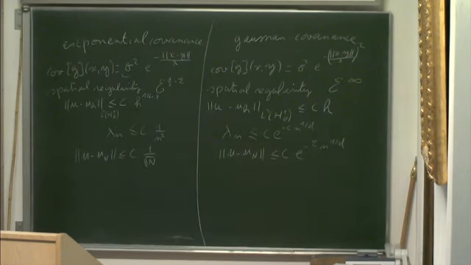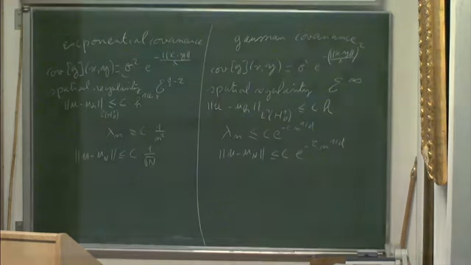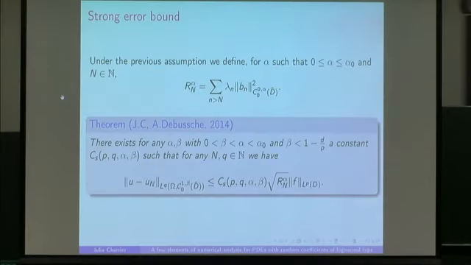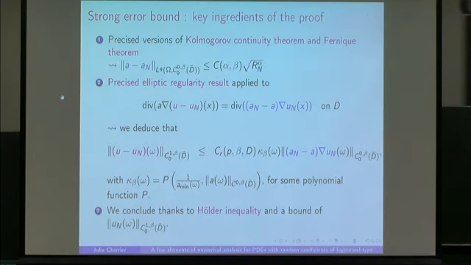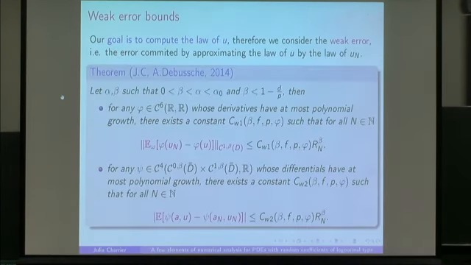So that's the strong error, which is basically the error you expect when you look at the problem, because it's the same error, up to a constant, that you have on the coefficient. I'm going to skip the proof.